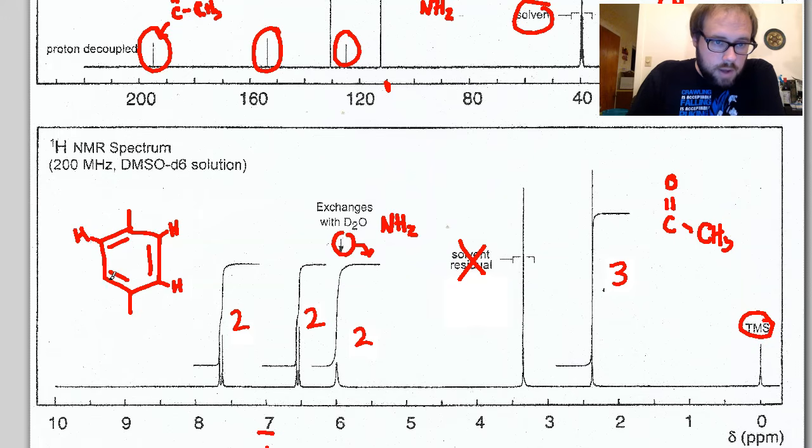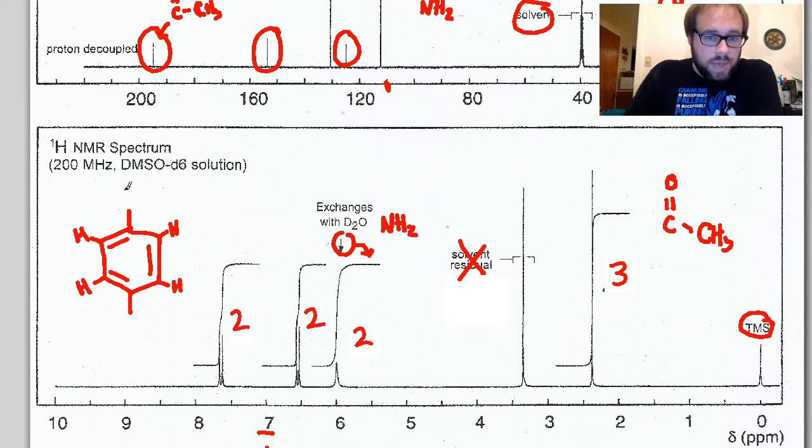So one neighbor is going to split into 2 signals. You'd have a doublet because of the n+1 rule. Okay, and if that's confusing, I also have videos explaining splitting and the reason splitting occurs, the n+1 rule, what all of that means if you get confused as to why these split apart into different peaks.